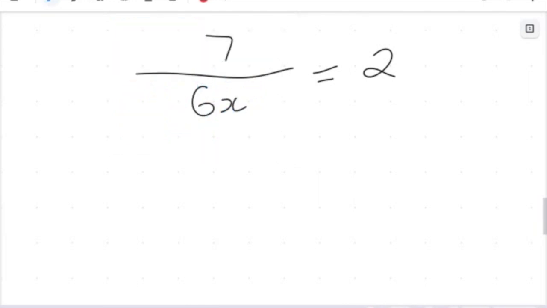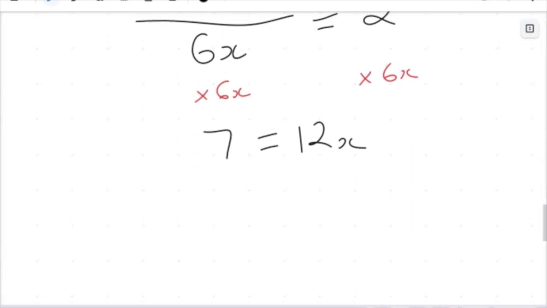If my 7 here is getting divided by 6x, or if I multiply both sides by 6x, that'll give me it on its own on one side. Then I can work from there. So my 7 stays here on the left-hand side, and my right-hand side becomes 12x.